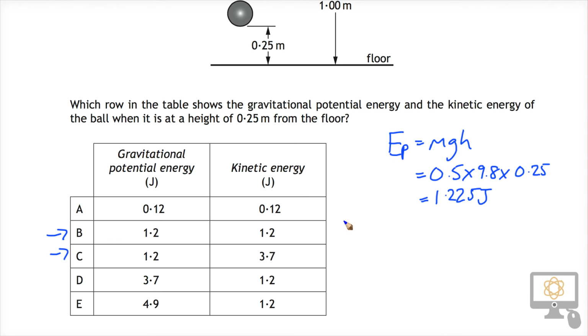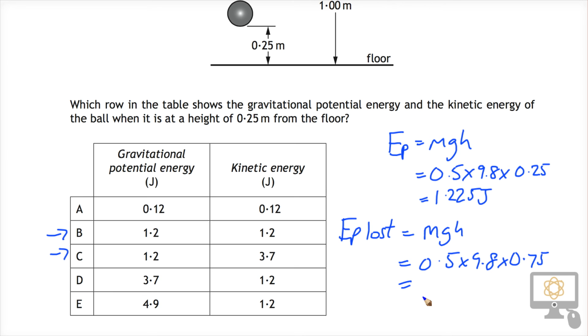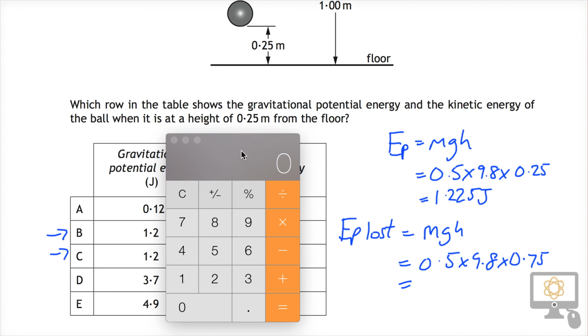So let's do that. EP lost is equal to mgh, and in this case that's 0.5 again, times 9.8, times the height that it's lost, which is 0.75 meters. If we do that calculation on the calculator, 0.5 times 9.8 times 0.75, that gives us a value of 3.675.